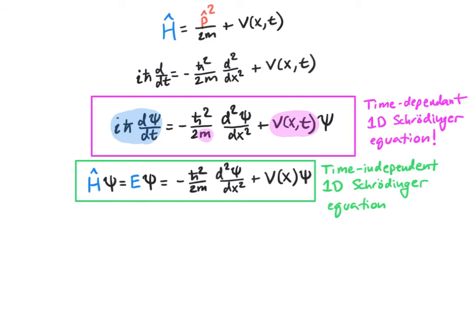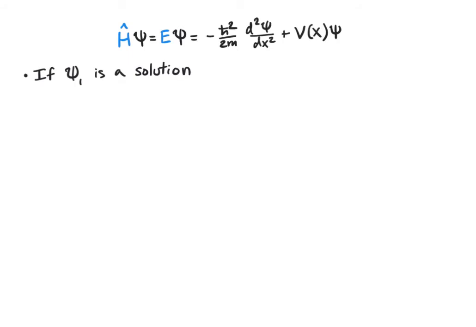Both of these equations are linear differential equations, which essentially just means that both sides are simply a linear operator acting on a function. That gives certain properties to the solutions of these equations. We're going to focus on the time-independent one. In particular, if psi1 is a solution to the Schrodinger equation, then any complex number times psi1 is also a solution to the Schrodinger equation.